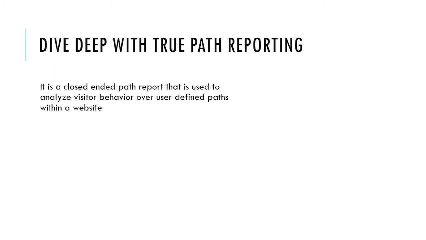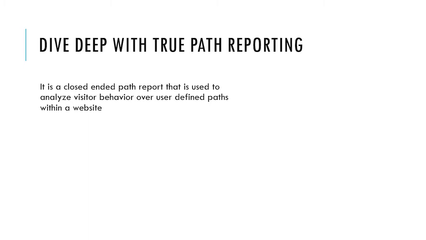The TruePath reporting is actually, as the name suggests, a true path. So what we do is we intentionally make a few paths that we believe are the best paths to reach a certain goal that we define, and see how users are actually doing it.